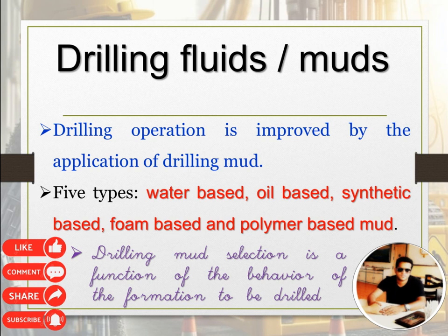And polymers means, you must have seen in organic chemistry, several huge chemical bondings called macromolecules. These kinds of large molecules are called polymers.